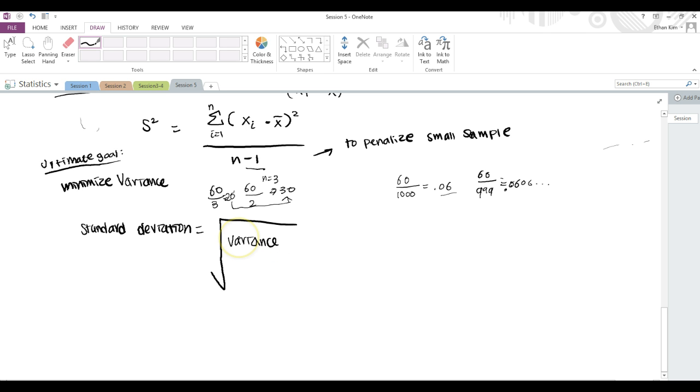And we know how we have a positive and negative square root. We just take the positive. So the square root of variance is going to be the square root of the whole sigma, x i minus x bar squared over n minus 1. And this is exactly the standard deviation. Alright?